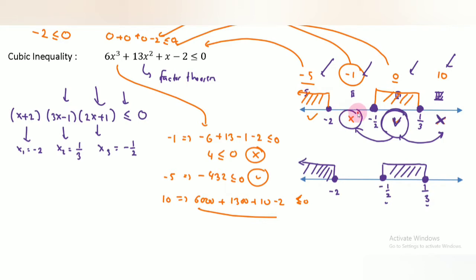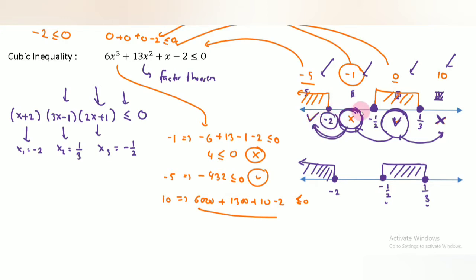Now from the second area to the first area, I am passing another factor, which is x plus 2, because the 0 is -2. So from before, it doesn't satisfy the inequality, since I'm passing one factor, it flipped back into satisfying the inequality.